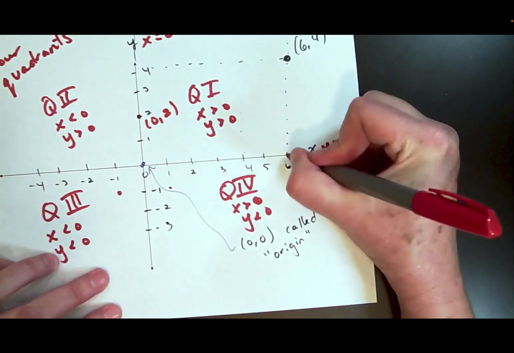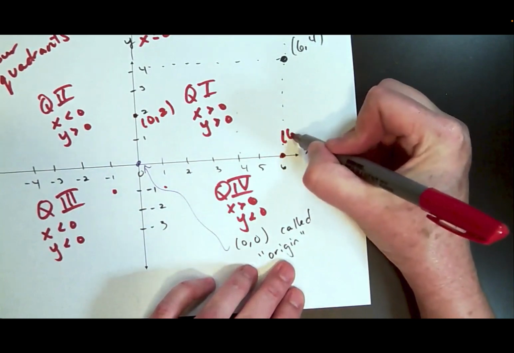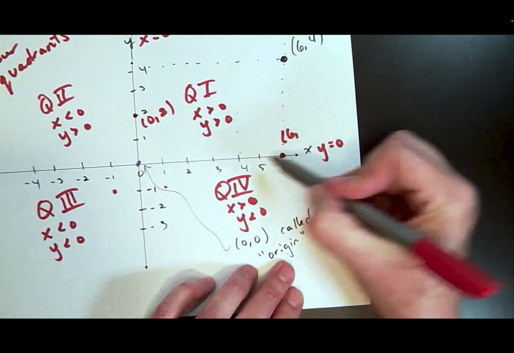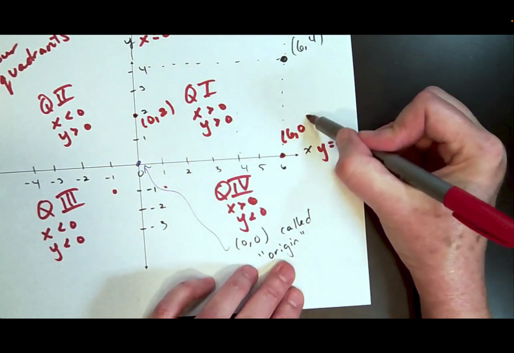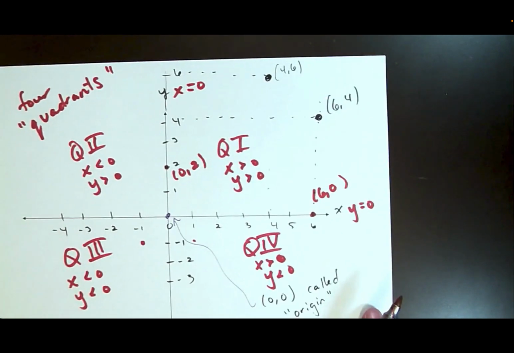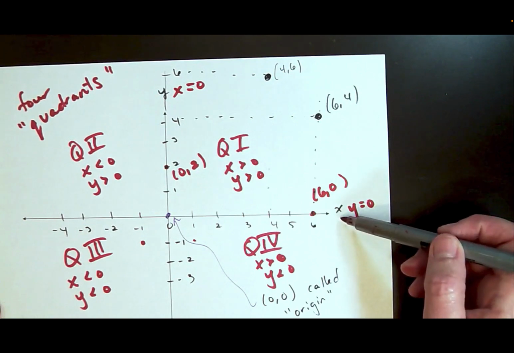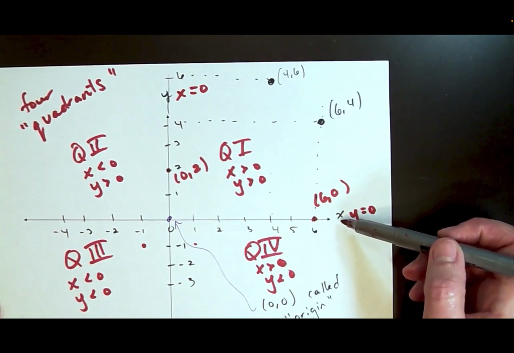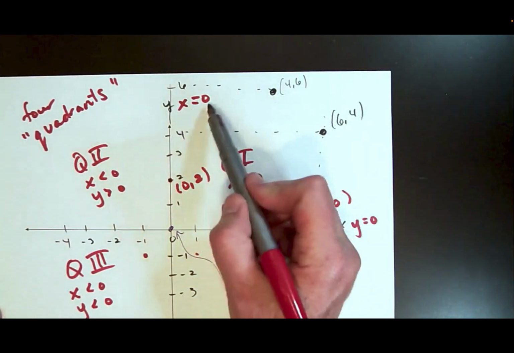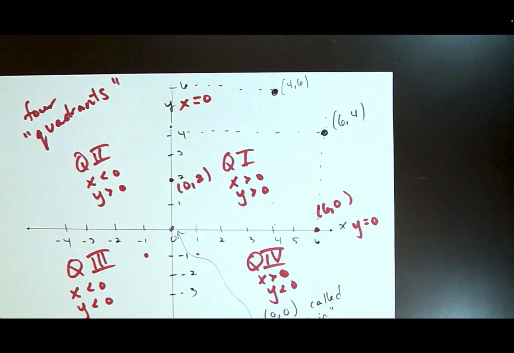Well, let's take a dot on the x-axis. What are the coordinates of that point? 6, and I'm across from the 0 on the y, so 6, 0. Actually, the equation y equals 0 is an alternative way of saying you're talking about the x-axis, and the equation x equals 0 in this context should be interpreted as the y-axis.